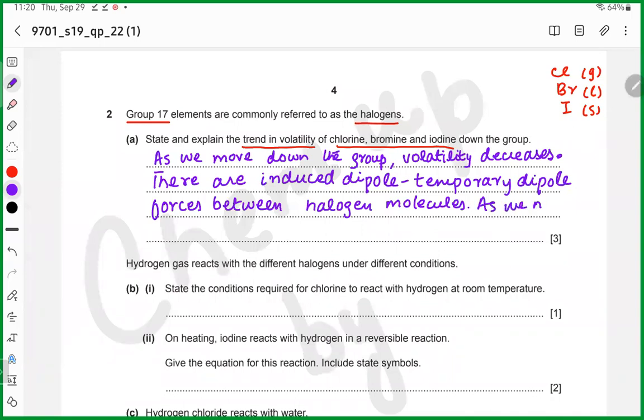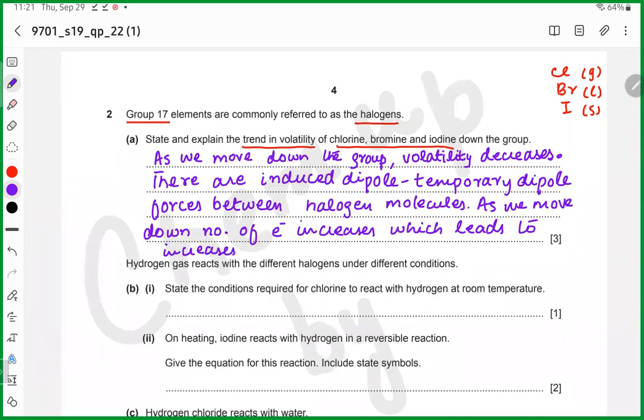As we move down, the number of electrons increases, which leads to an increase in intermolecular forces. Is this clear to everyone?